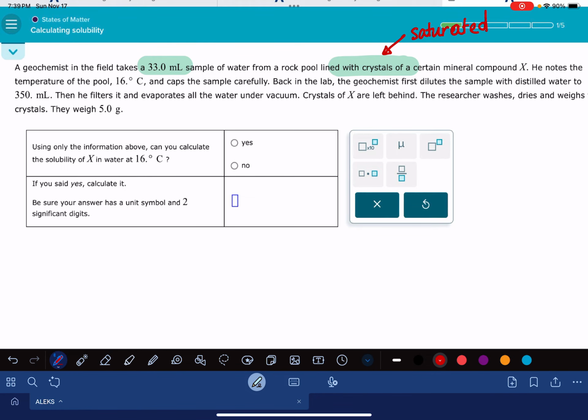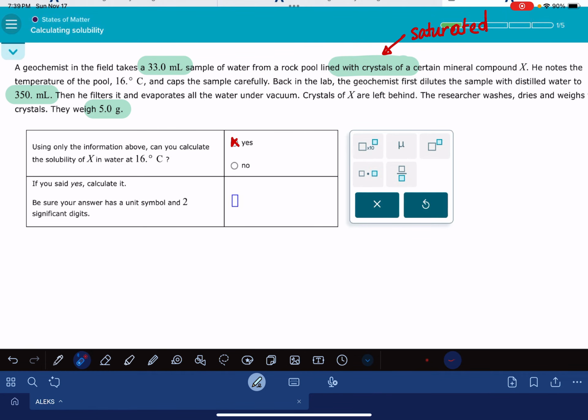Oh, but then this problem gets tricky. They took the sample and then diluted it to a different volume, and then the crystals are 5 grams. So first of all, yes, we can calculate the solubility because we've got crystals coexisting with this solution.